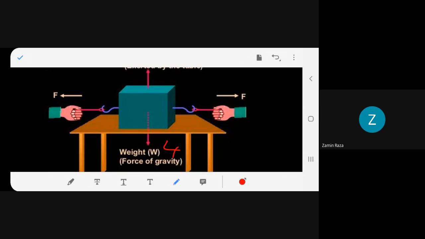So one, two, three, and four. So when the result of all these four forces becomes zero, we say that all the forces are balanced forces. Understood?